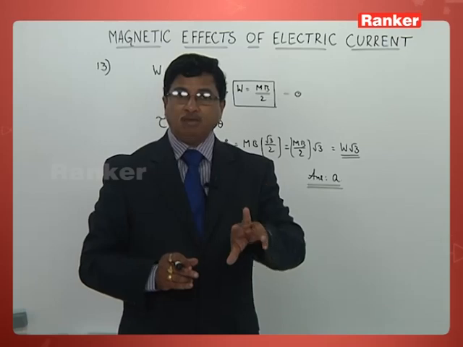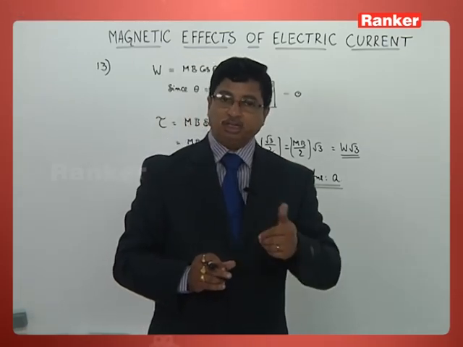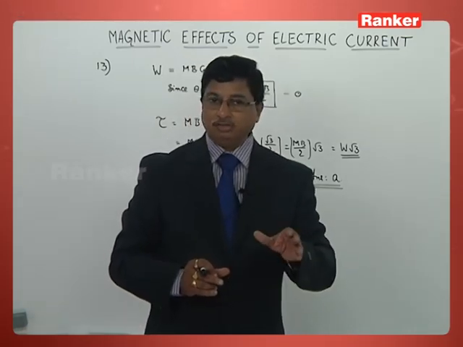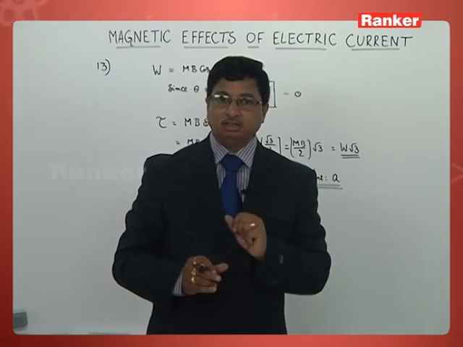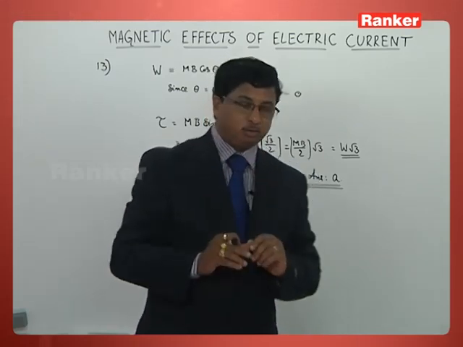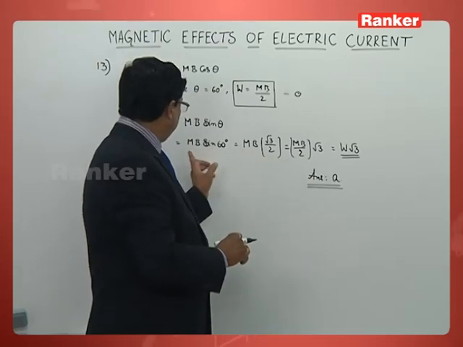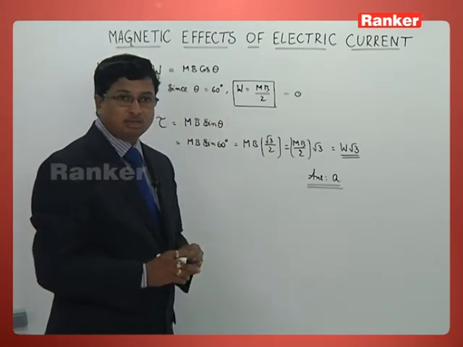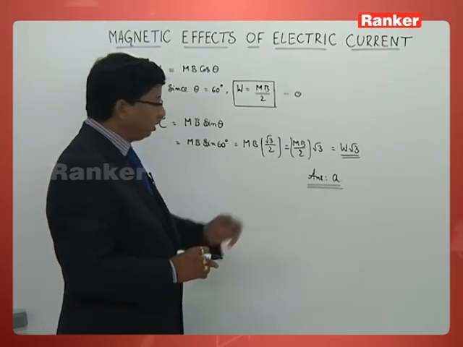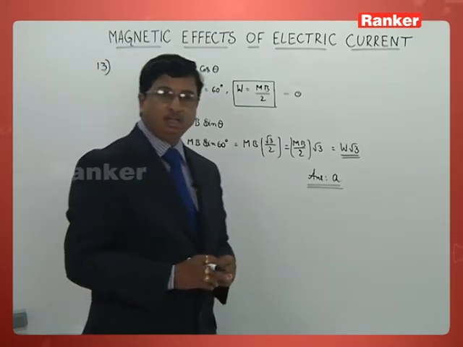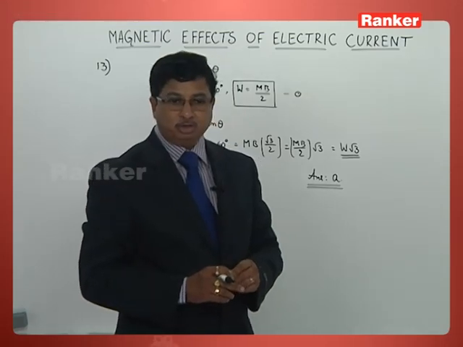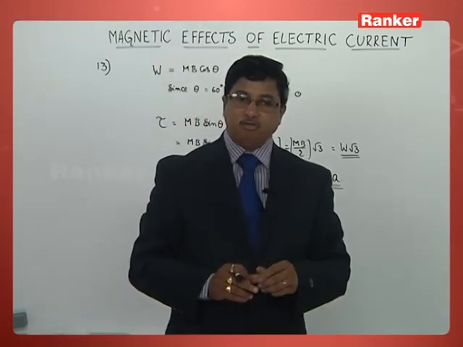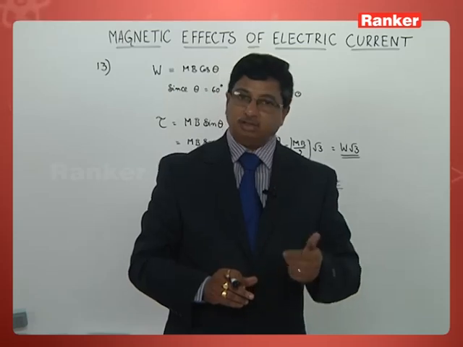What is the formula for torque? Torque is MB sin theta. So just by taking these two, you can estimate the relation between the torque and the amount of work done. In this particular case, torque is root 3 times the value of W. That is the very first option for problem number 13.